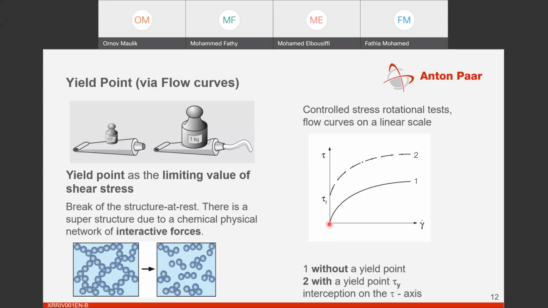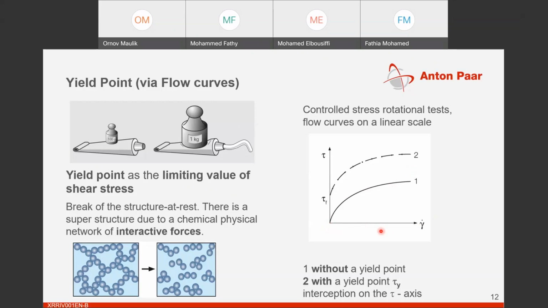So for example, if I measure a water sample, most probably, because water does not have any sort of elastic structure present in it, the curve would start from the origin point and then move along with the applied shear rate.